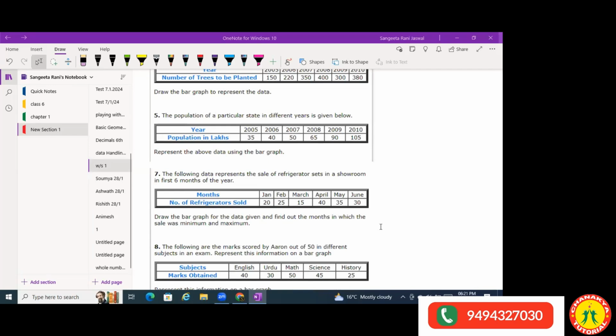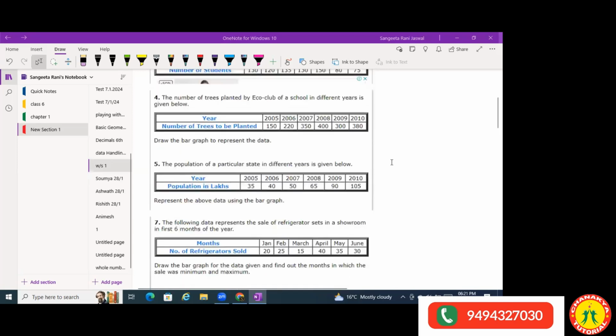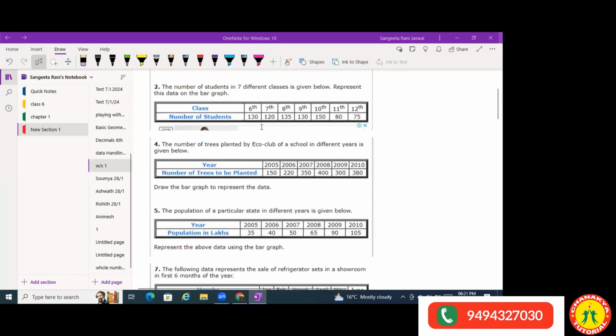I took 25. Is it okay? Where, 25? In question 2? Yes, ma'am. You could take 50 or 100. See the data, no? Analyze the data. Ma'am, but if I take 50, the bars are so short.